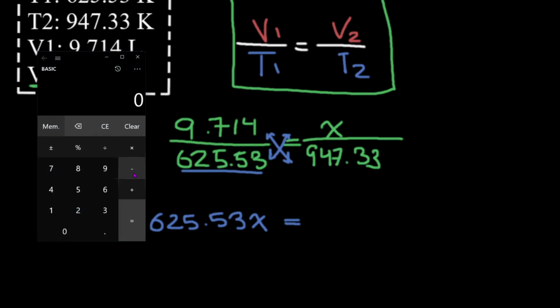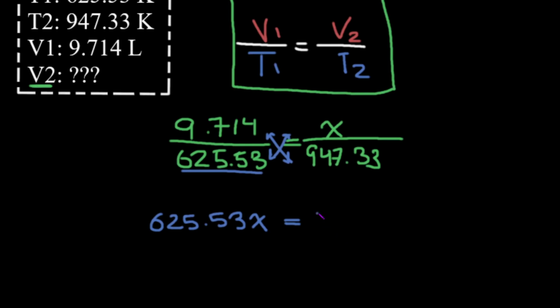I'll put this in the calculator: 9.714 times 947.33, which will give you 9,202.36. Oh, I didn't mean to put a comma.